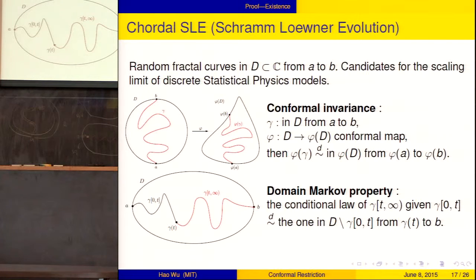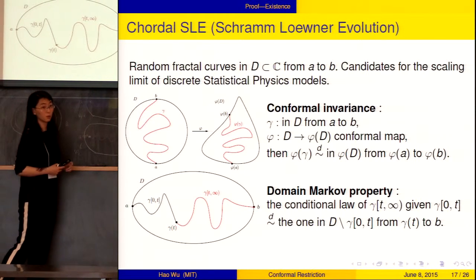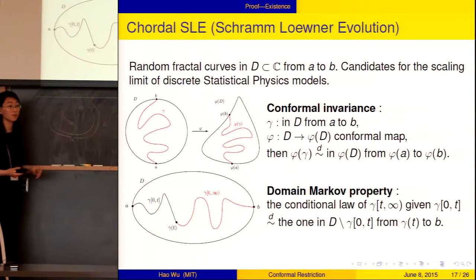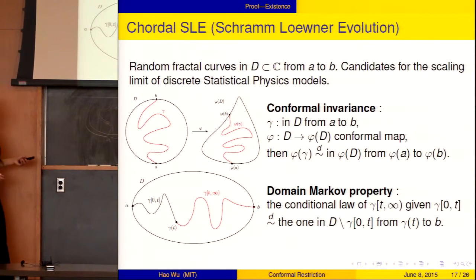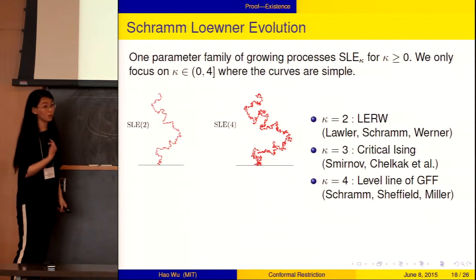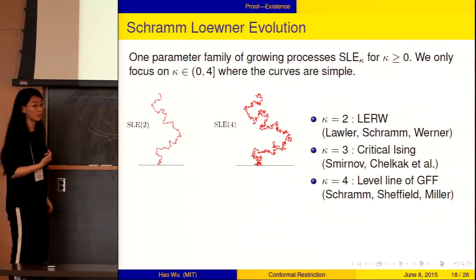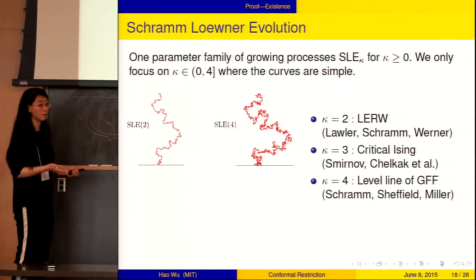So if a curve satisfies both these two properties, there's not so much choice for the curve, because the law of the first small piece will determine the law of the whole curve. So this explains why there is only a one-parameter family satisfying conformal invariance and domain Markov property, because there's not so much choice for them.